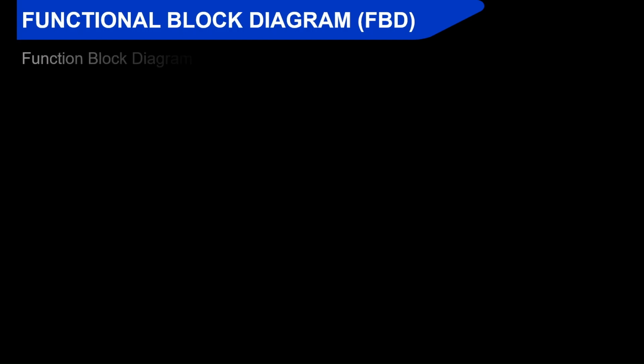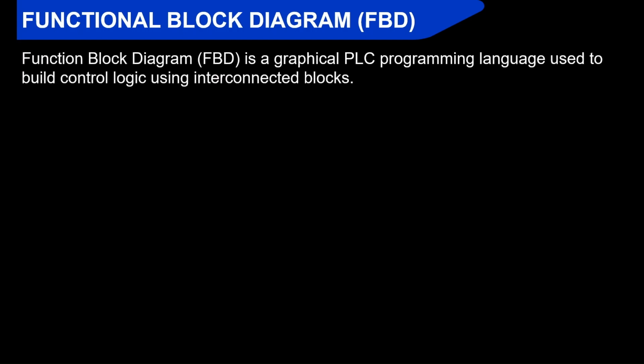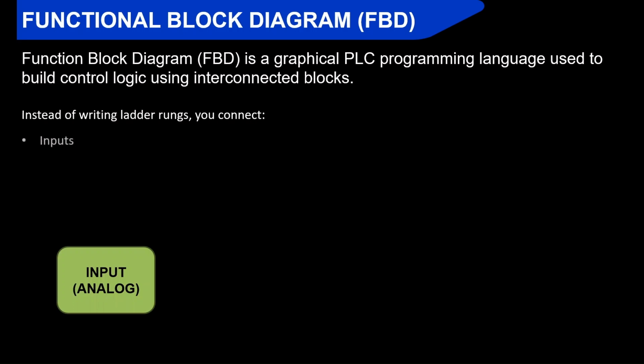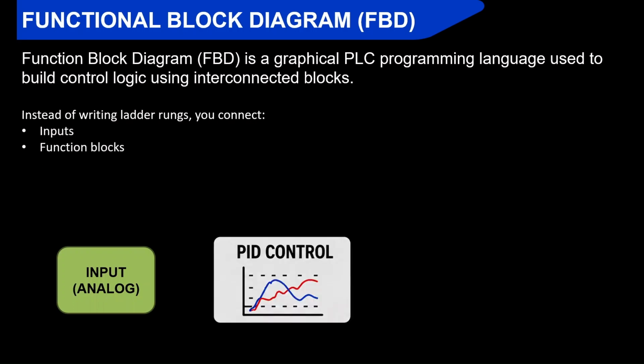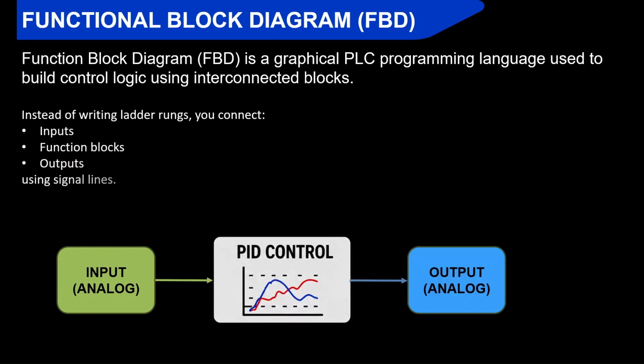Function block diagram. Function block diagram is a graphical PLC programming language used to build control logic using interconnected blocks. Instead of writing ladder rungs, you connect inputs, function blocks, and outputs using signal lines. The output of one block can be connected to another block. FBD works like an electronic block diagram.